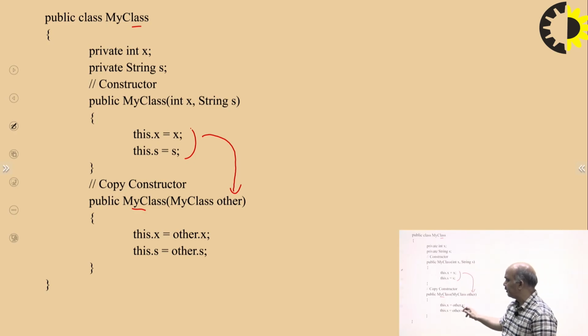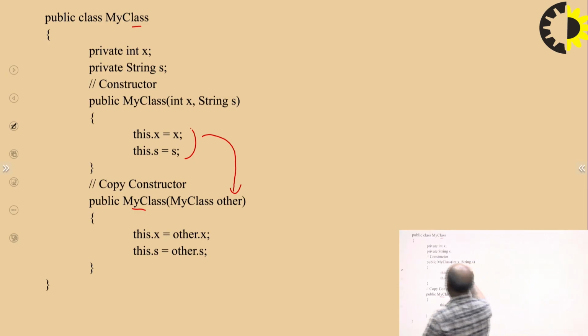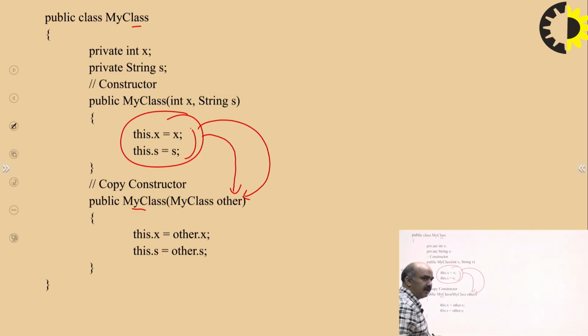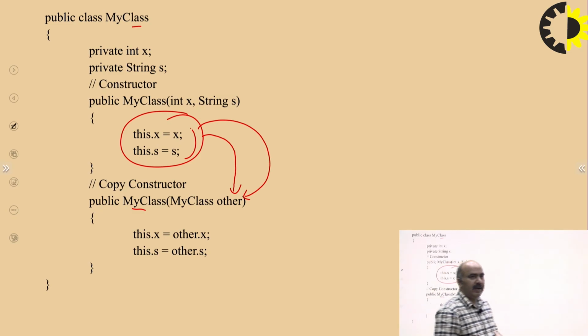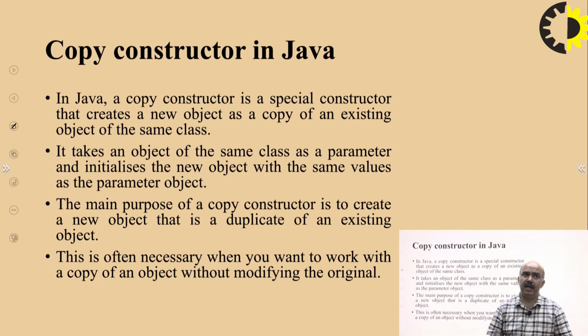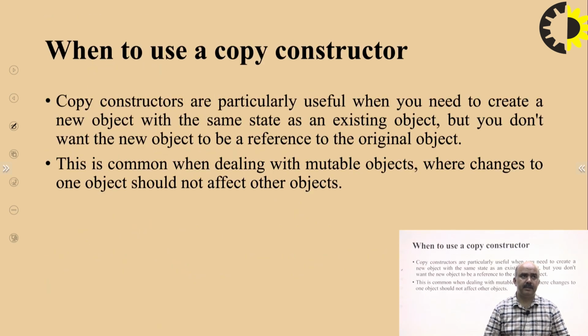In this way the constructor is created, and it is called again as a duplicate, as a copy, whenever we want to print the duplicate values. So, this is the copy constructor in Java.